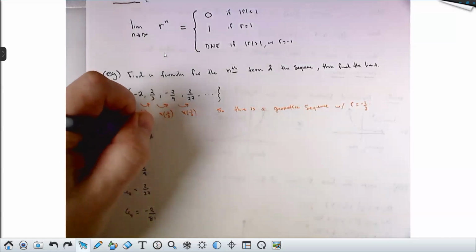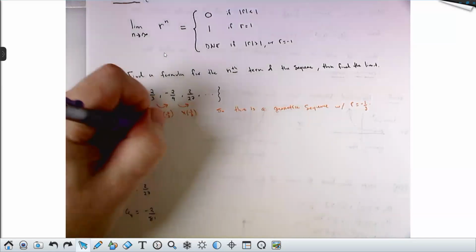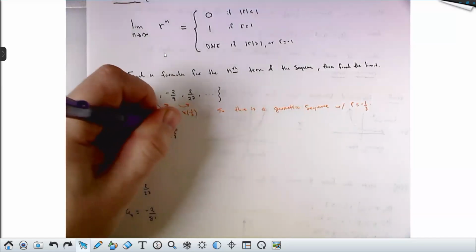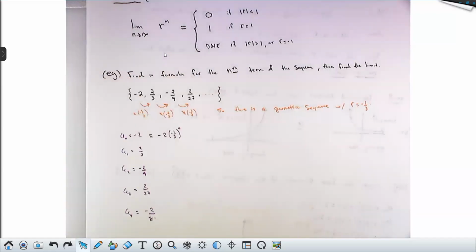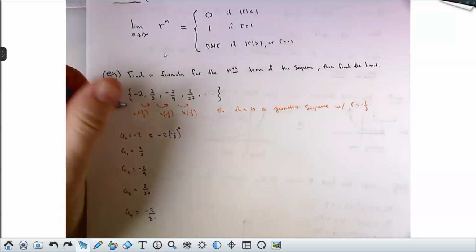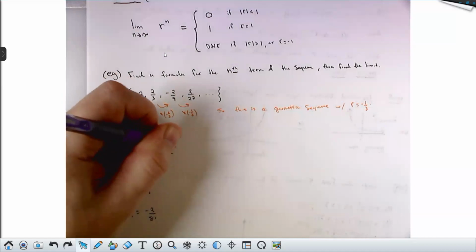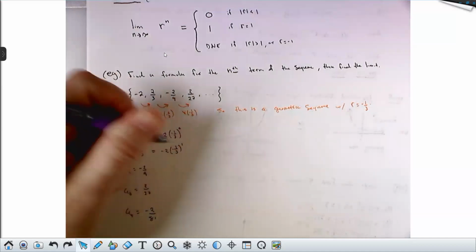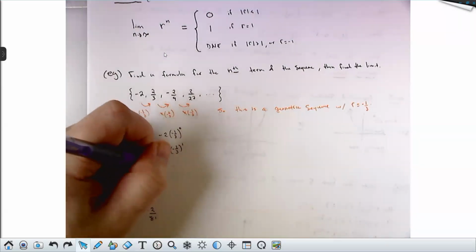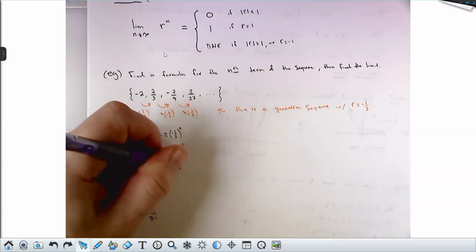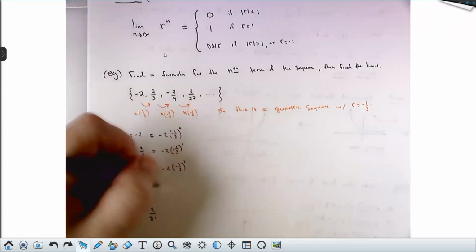Here's what I would do. I would say this is -2 times -1/3 to the 0. I'm just trying to see it in the form of a geometric sequence. This is -2 times -1/3 to the 1. This is -2 times -1/3 squared.